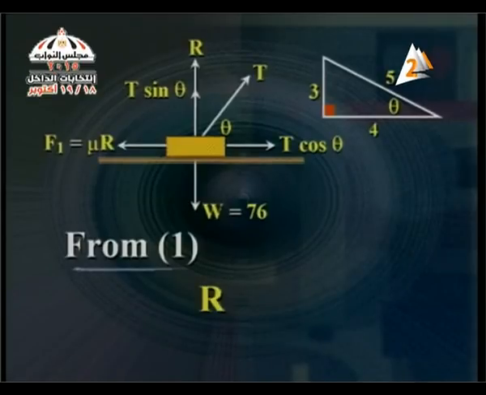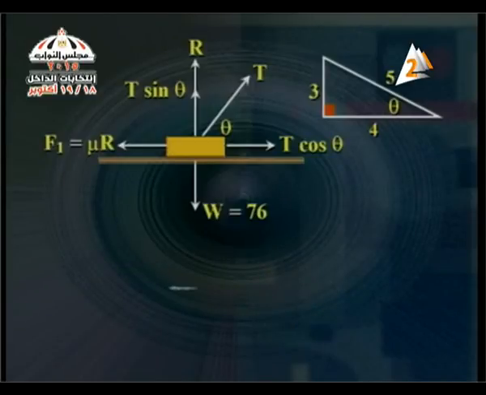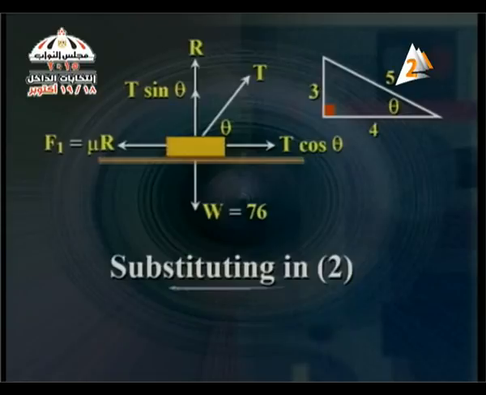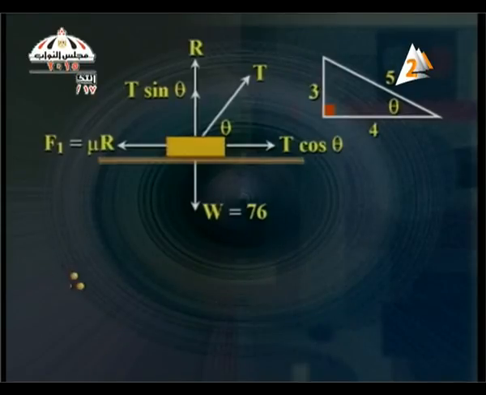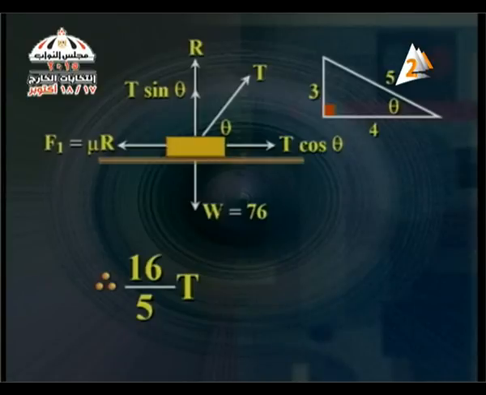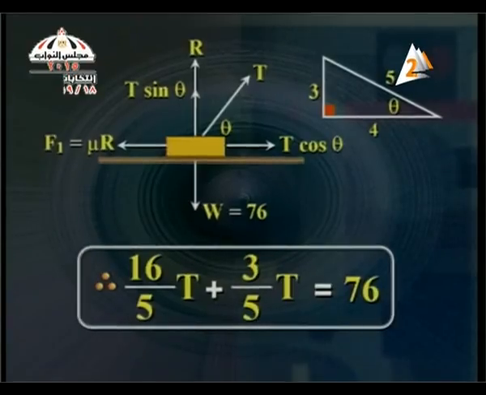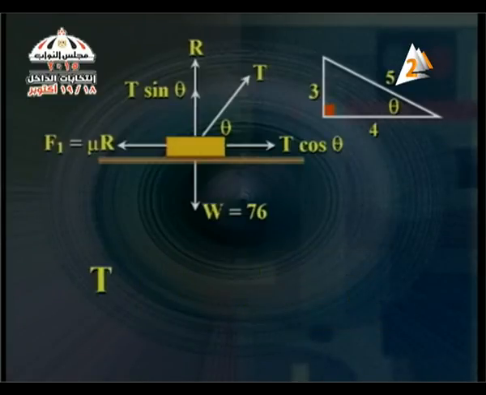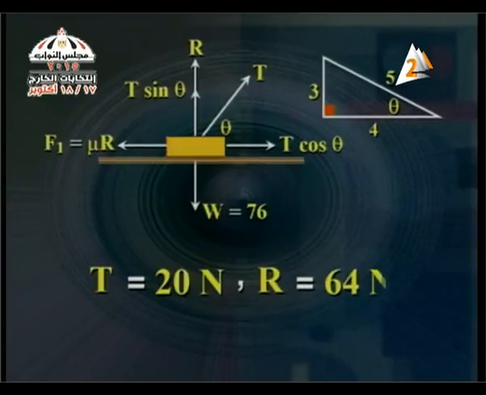Then from 1, R equals 16 over 5 T. By substituting in equation number 2, 16 over 5 T plus 3 over 5 T equals 76. 16 plus 3 equals 19 over 5 T equals 76. Therefore T equals, after simplifying, 20 newtons, and R equals 64 newtons.